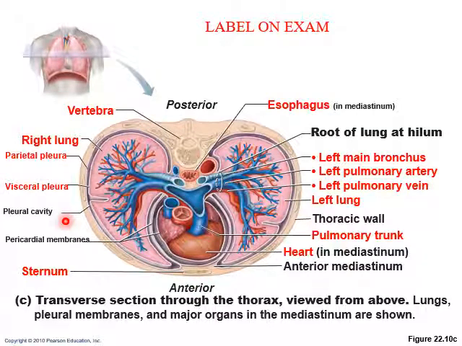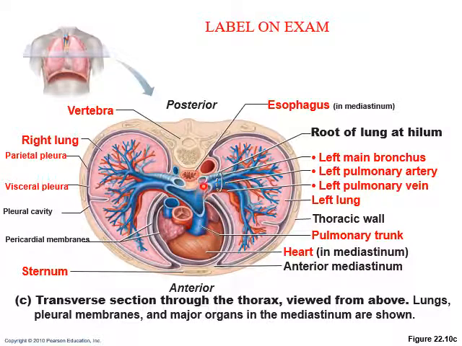Okay, so coming from the front, we've got sternum, we've got heart. The first vessel we encounter is going to be pulmonary trunk, and we can see how that splits. Pulmonary trunk splits into left and right pulmonary arteries, right? Okay.